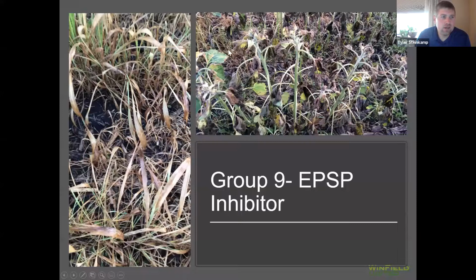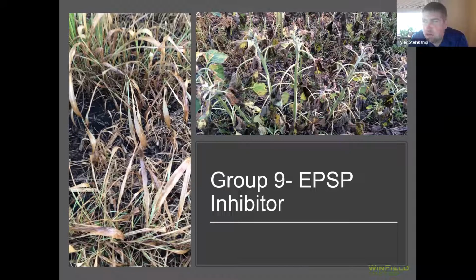Okay, so here's what it looks like out in the field. Basically, you just have necrotic tissue in that growing point first. And so that's where you're going to see the damage there. Now, there's a couple different ways that weeds have gotten around glyphosate, okay, with resistance.